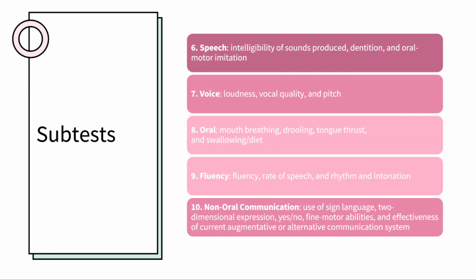Subtest 9 looks at the individual's fluency, which includes his or her fluency, rate of speech, and rhythm and intonation. And finally, Subtest 10 looks at the individual's non-oral communication, which includes his or her use of sign language, two-dimensional expression, yes and no, fine motor abilities, and the effectiveness of their current augmentative or alternative communication system.